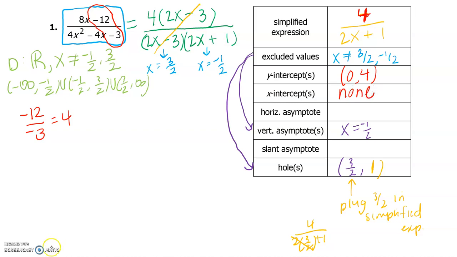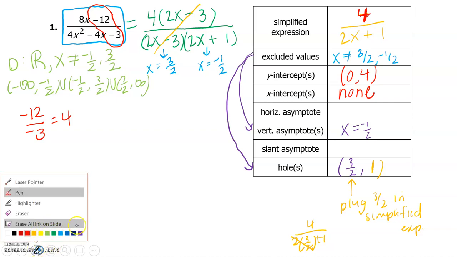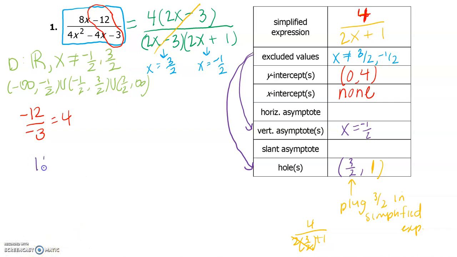And now we want to look at the horizontal asymptotes. So when you're doing your horizontal asymptotes, make sure you're always using the original one. And we want to look at the degree. So I have the degree of the numerator and the degree of the denominator. And the degree is the largest exponent. So the degree of the numerator is a 1.